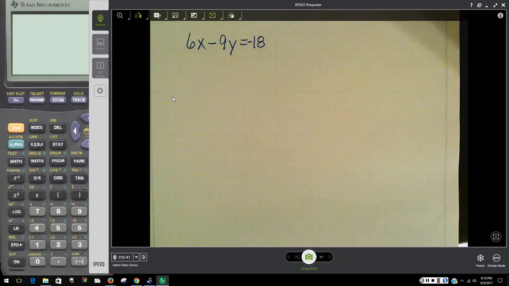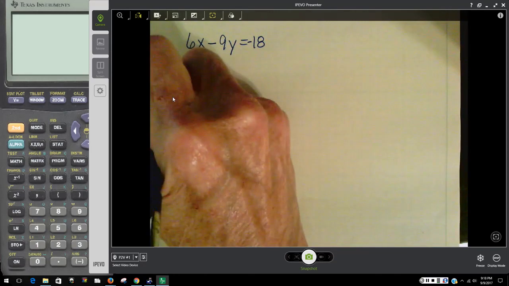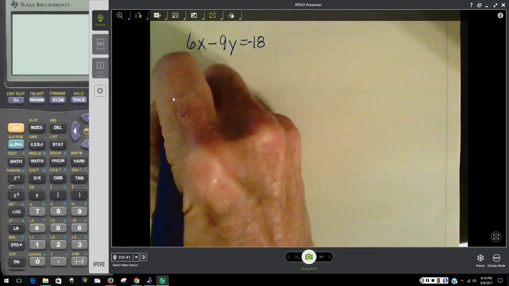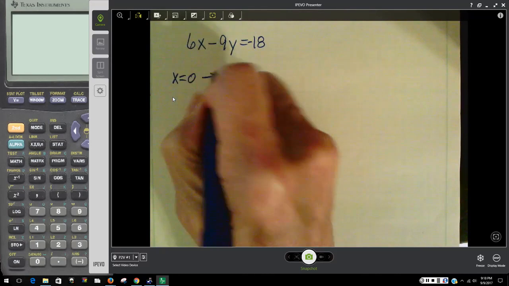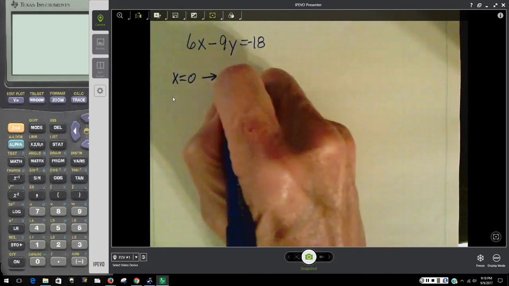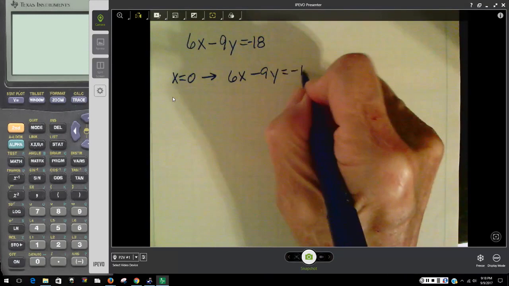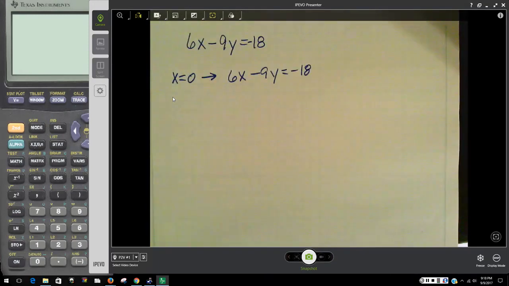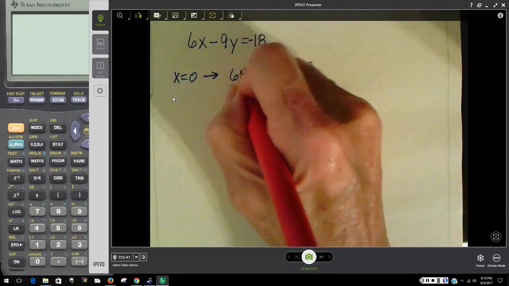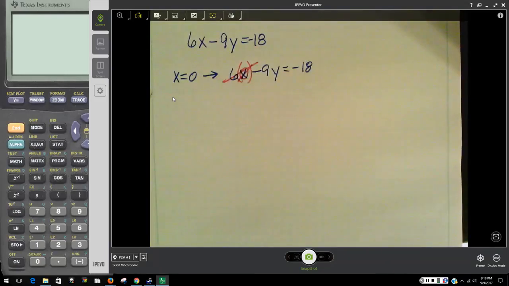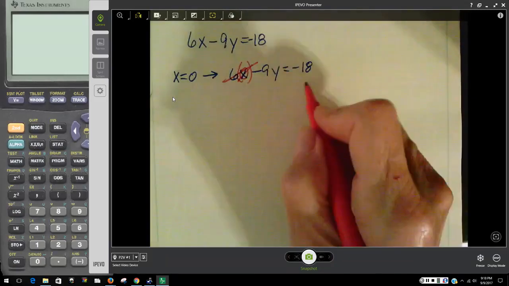So now we have 6x minus 9y equals 18. And we could do this method, which says we're going to let x equal 0. If we let x be 0, then 6 times 0 disappears, and we have negative 9y equals negative 18.